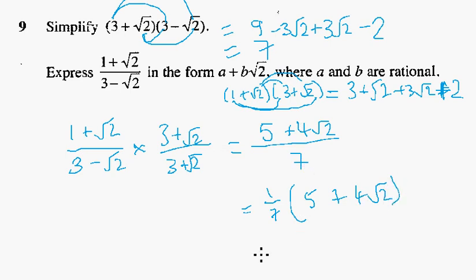So either way you want to think about it, you end up with 5/7 and 4 root 2 over 7. And 4 root 2 over 7 is the same as 4/7 root 2. So we can rewrite that, and now we've finally got the form that we were looking for. a is 5/7 and b is 4/7, and we've solved the question.